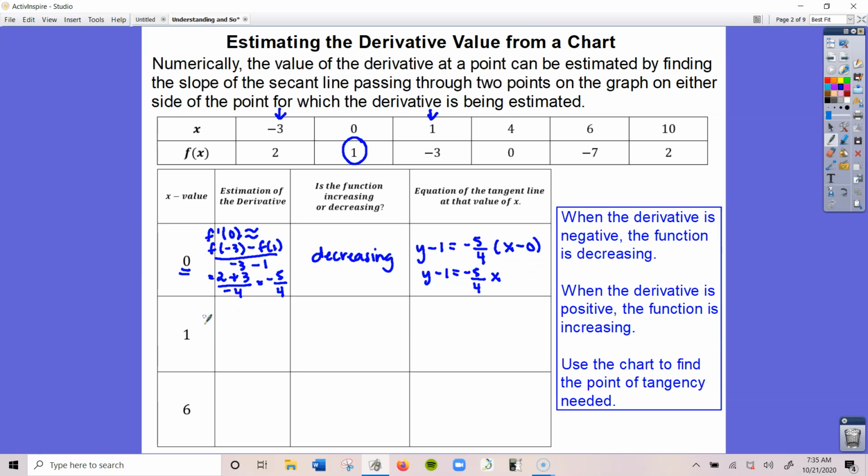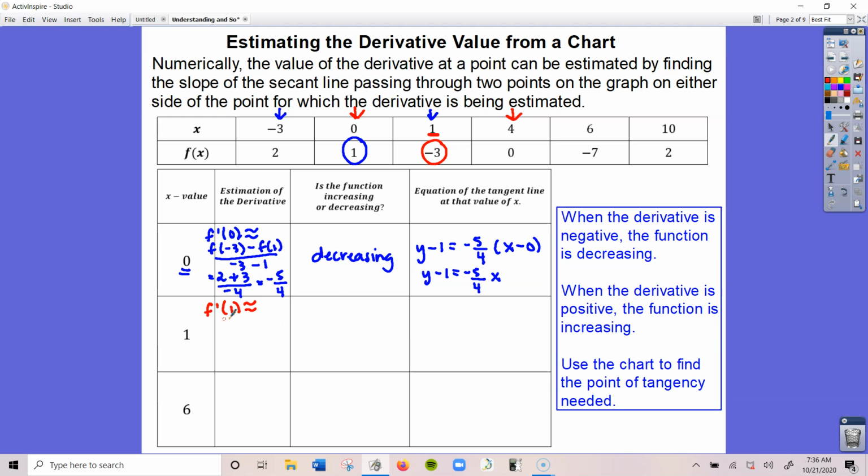Now we're going to do this again, but for f of 1. I'm just going to switch colors here so that it's easier to see. So we have f prime of 1 is approximately, now we're looking at 1. That's my x value, that's my y value for when I write my equation of the tangent line, and I have to choose the 2 points on either side of 1.